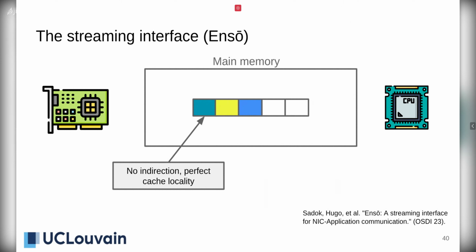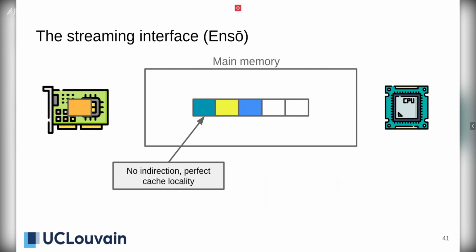So instead of having descriptors that have pointers, instead of having indirection, you just receive packets one after the other, and your NIC will just write them one after the other in main memory. It's much more efficient because instead of having buffers all across memory that contain packets, here all your packets will be just next to each other in the same buffer in a way.